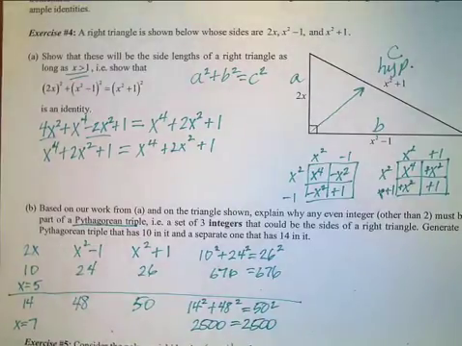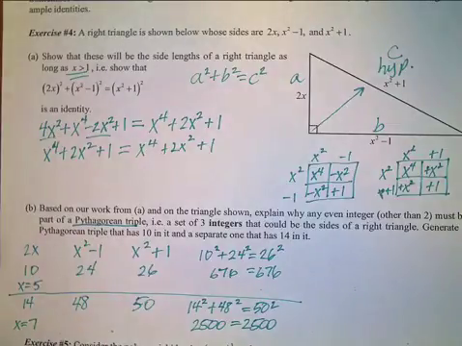So the part they said the hardest part is explain. We need to explain why this works. So we are explaining why an even integer must be part of a Pythagorean triple.